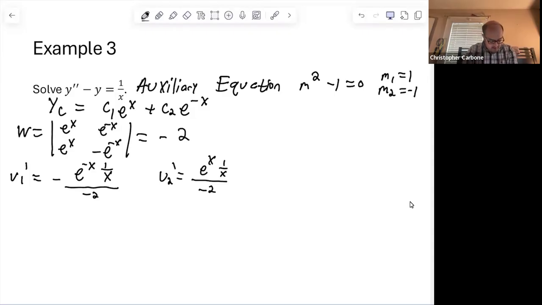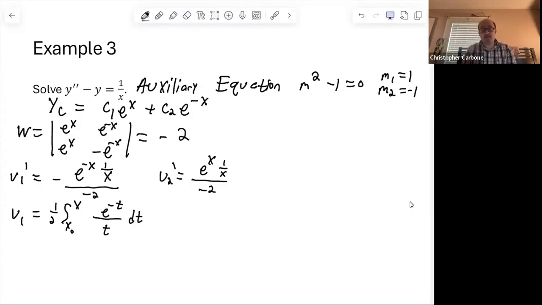So both of these, we could try to integrate to find the values so we could form our solution. For u sub 1, this would be 1/2 times the integral from x sub 0 to x of e to the negative t divided by t, dt.